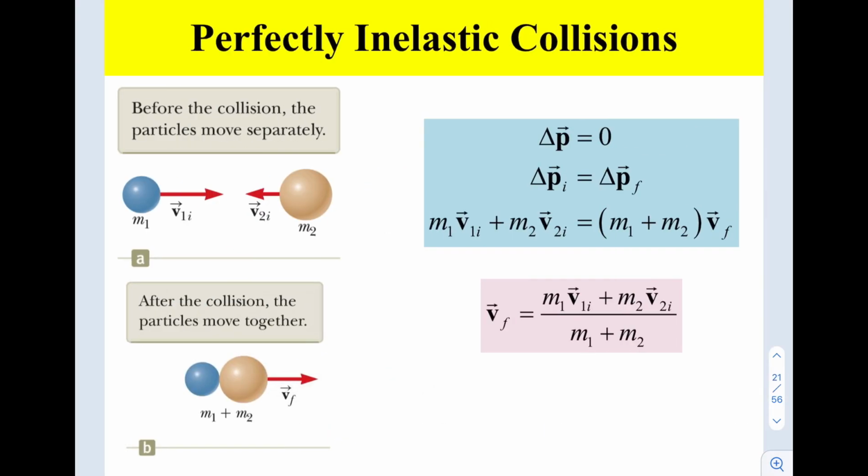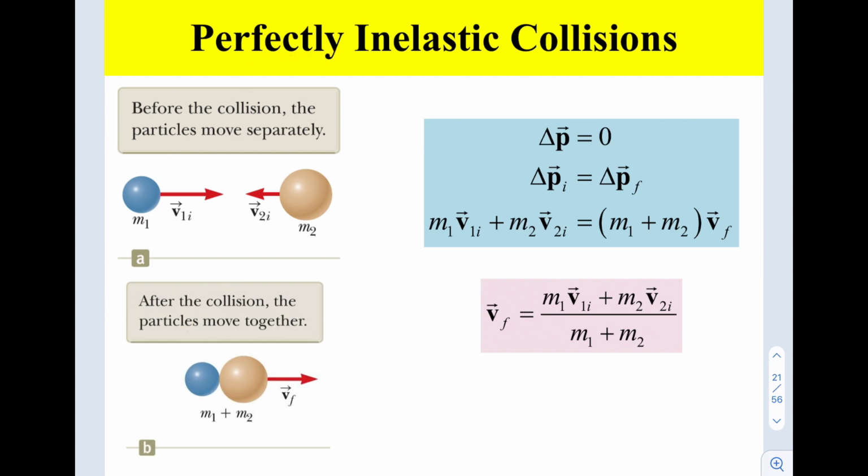So let's take a look at perfectly inelastic collision. If we refer to this diagram, before the collision the particles move separately. Let's say M1 having V1 initial moving to the right and M2 has V2 initial moving to the left. After they collide, both of the particles move together.